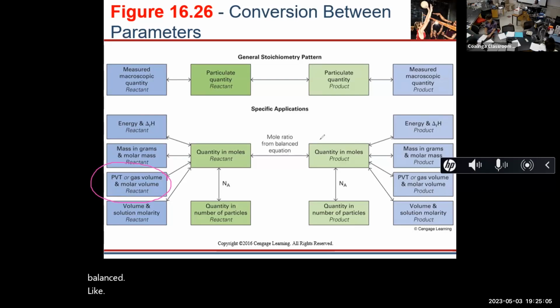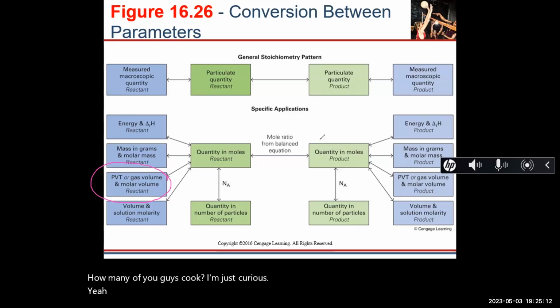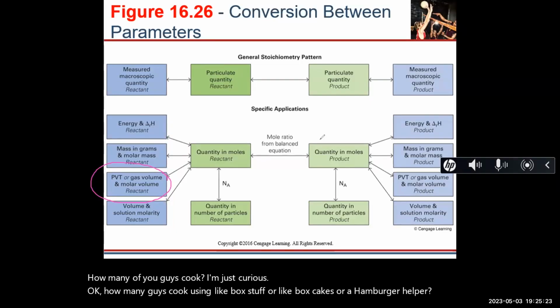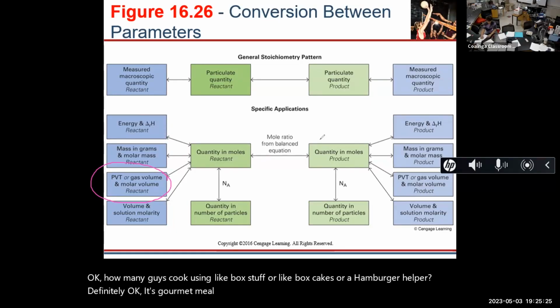How many of you guys cook? I'm just curious. Okay, how many of you cook using box stuff, like box cakes or Hamburger Helper? Definitely. Okay, it's gourmet meals, right?